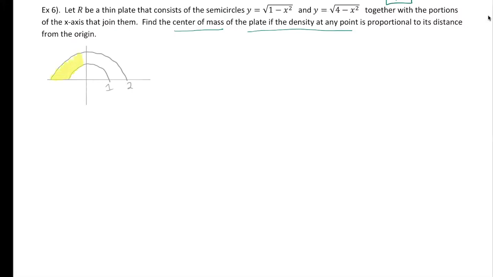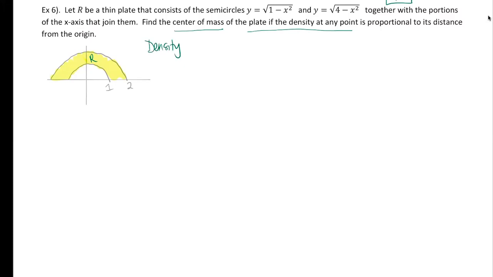So this is R. That's my little plate. Okay, and I'd like to find the center of mass of the plate if the density at any point is proportional to its distance. So first, let's come up with an equation for the density.